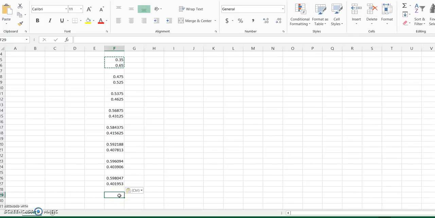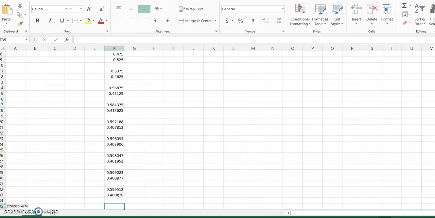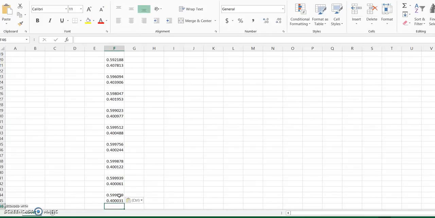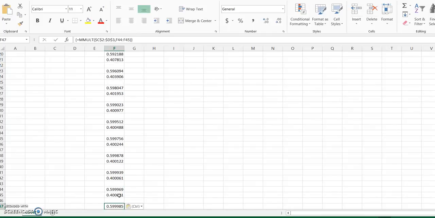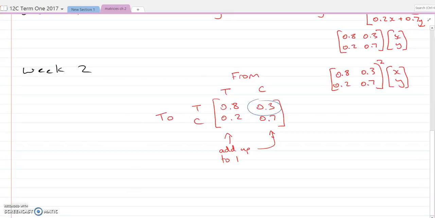You have to have the same gap between them each time. Okay, now what are we up to? Week 9 or something? Week 10. Anyway, it looks like it's getting pretty close to 0.6.